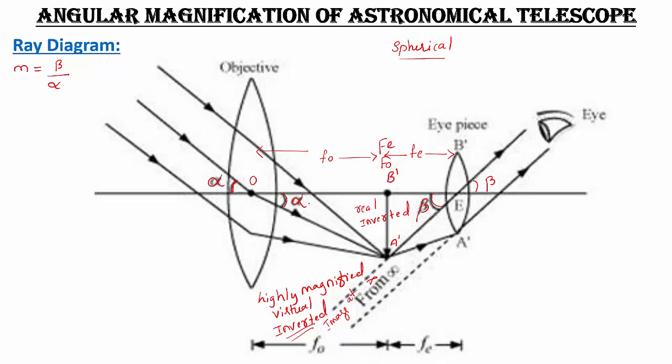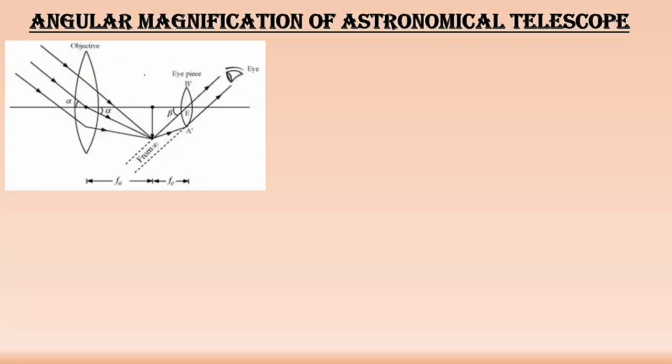Now we can write the values of alpha and beta so that we get the angular magnification. Here I am going to consider the values of tan alpha and tan beta. The angle A dash O B dash is alpha, and similarly the angle A dash E B dash is beta.